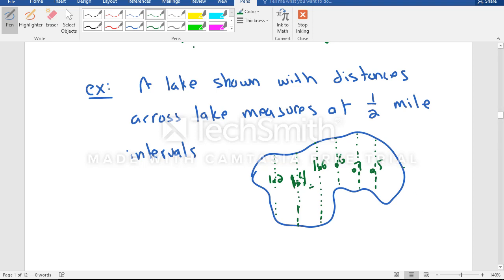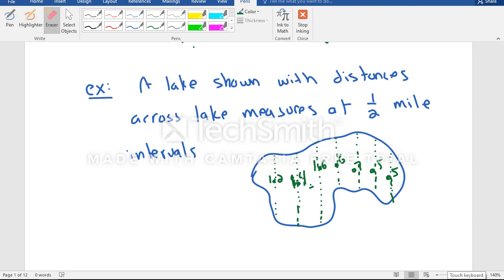And then let's say we got one more measurement, this guy right here, and that's also 0.5. So we have some measurements of the distance across our lake. And that came out really sloppy. I apologize for that.